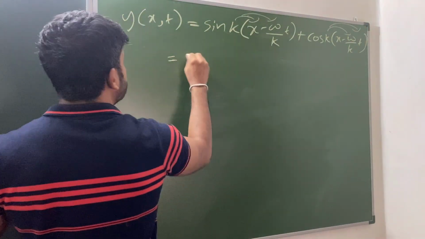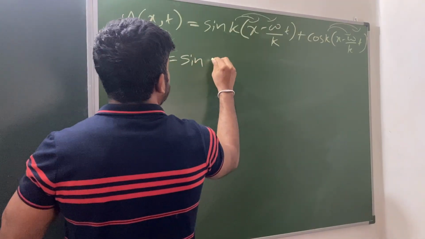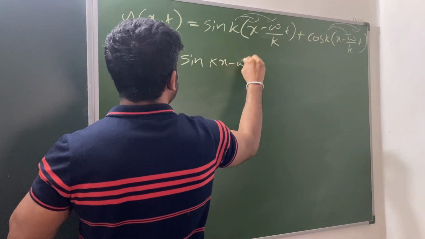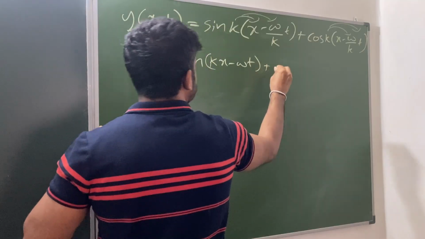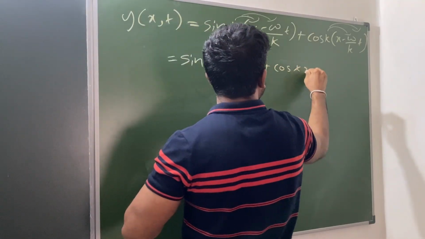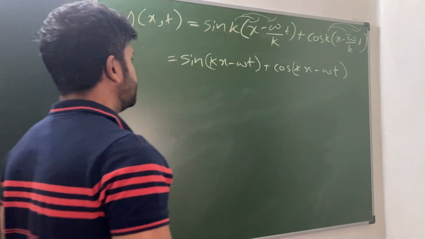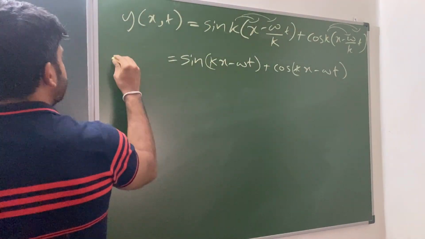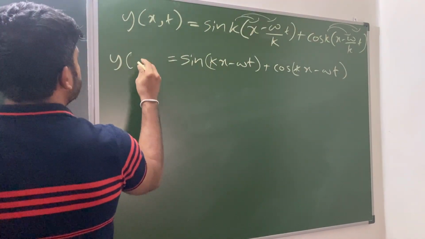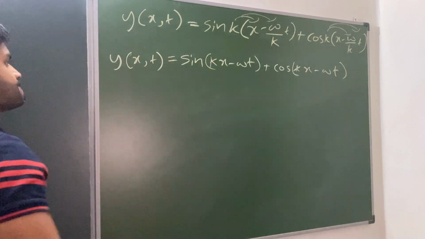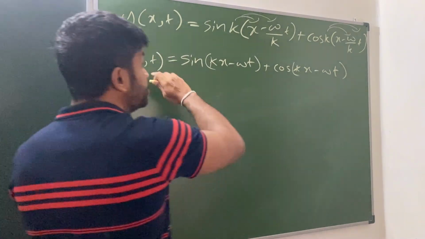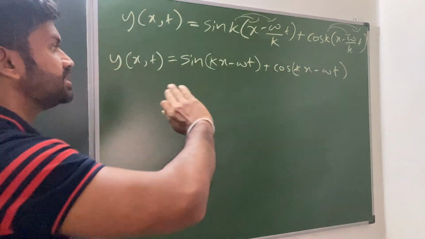So we'll end up getting sin(kx - omega t) plus cos(kx - omega t). So this is a very useful and profound solution that you can use to describe any classical wave.